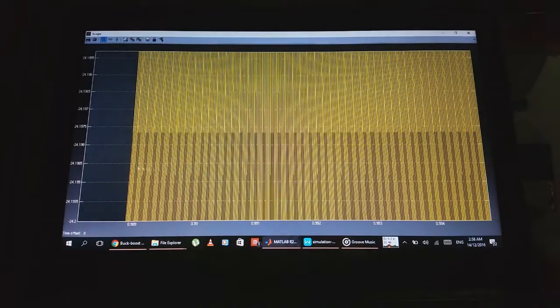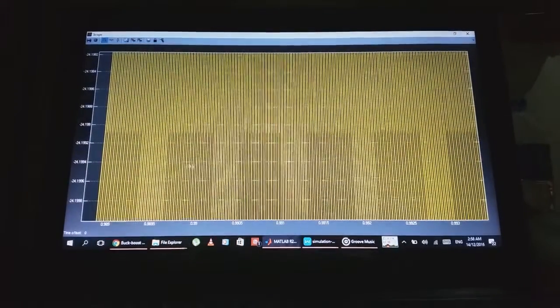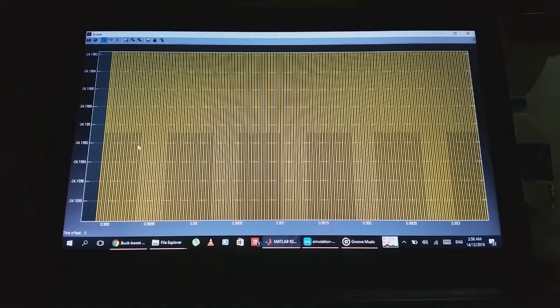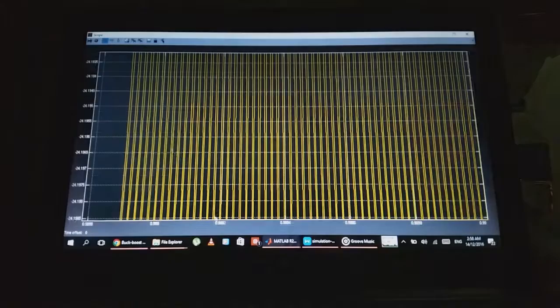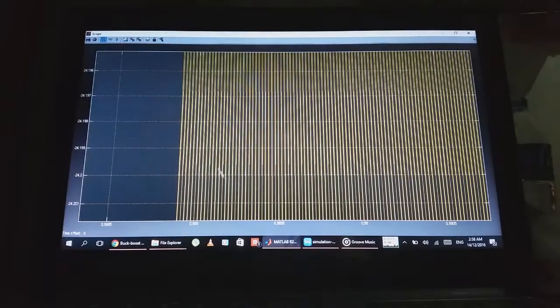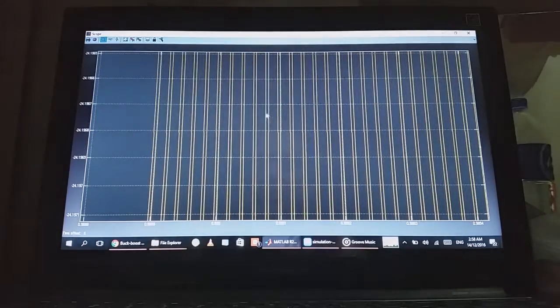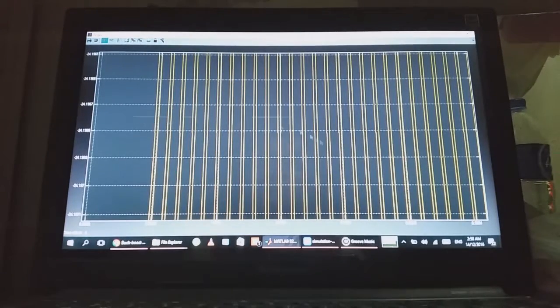Okay, this part, as you can see the lines here, right? This one is a bit thicker. Okay, what happened on this side? Let's take a look. See, you can actually see that, right?